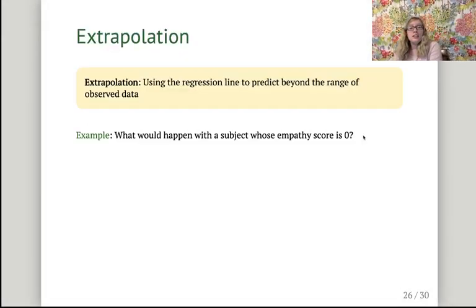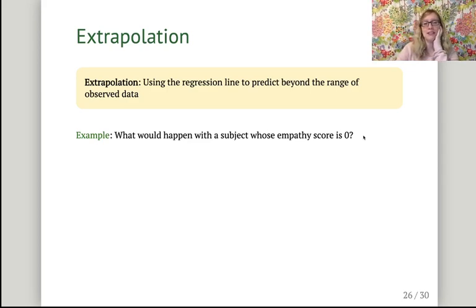Now, there's one other thing that I tend to be concerned about when I'm looking at a linear regression model, specifically making predictions from a linear regression model, and that's the idea of extrapolation. What we want to do is make sure that we're not using this regression line to predict beyond the range of our observed data. So what is going to happen then if we have a subject whose empathy score is, say, 0?